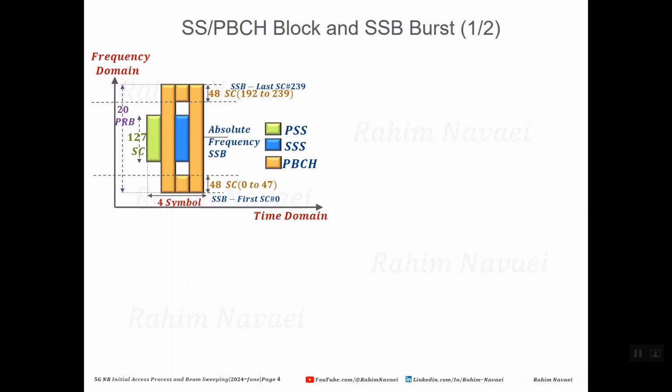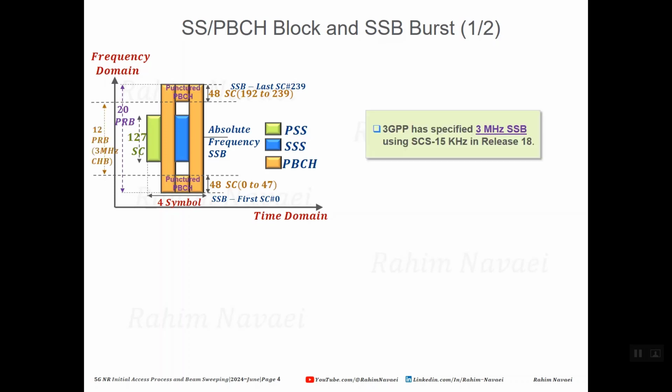For the channel bandwidth of 3 MHz specified in release 18, the SSB occupies 12 resource blocks in the frequency domain. The 5G new radio cell transmits the PSS on the first symbol, the SSS on the third symbol, and the PBCH on the second, third, and fourth symbol.